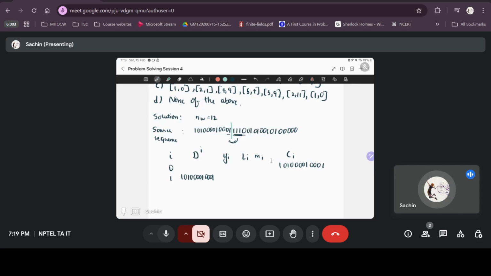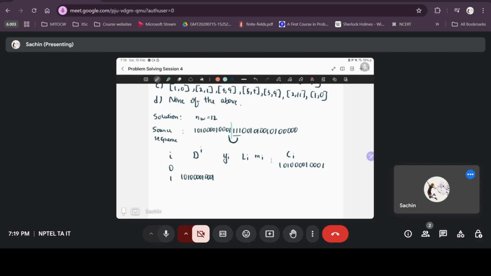There's no match for 1 1 1 0. So 1 1 1 matches with a substring that starts in your dictionary, 111.